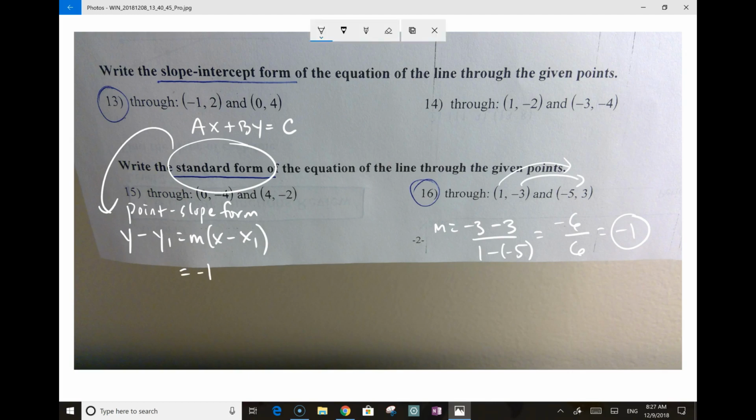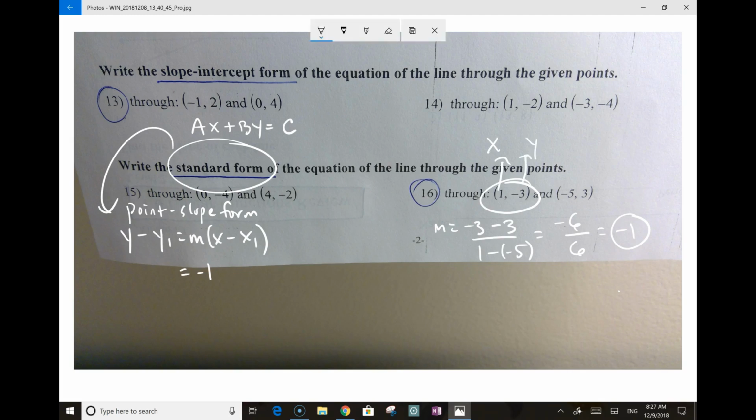Now, I need to borrow one of my two ordered pairs because, again, they each represent a point, and I'm using the point-slope form. It doesn't really matter which one, because they're both on the same line anyway. I'll take the first one. In the first one, the 1 is my x and the -3 is my y.